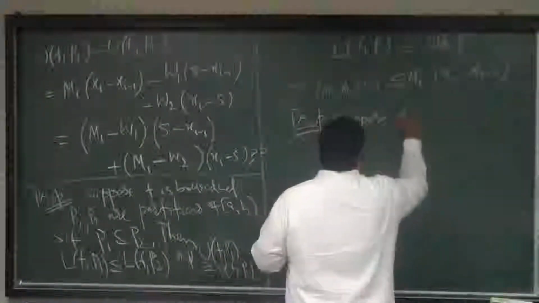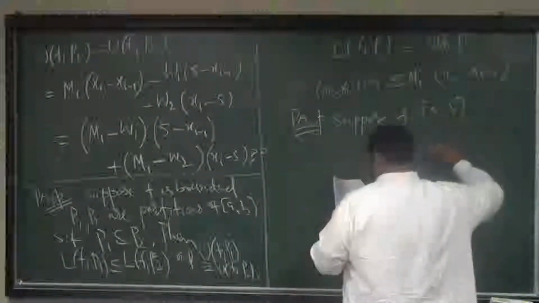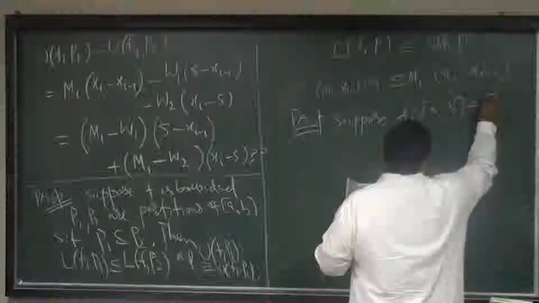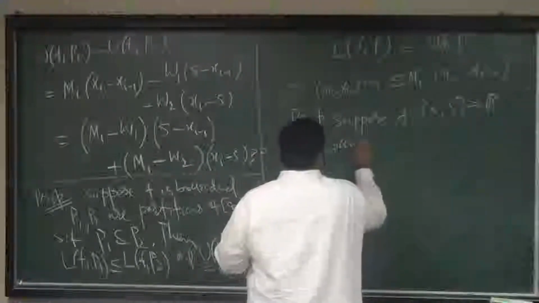Let's suppose F is a map of B and it is bounded.